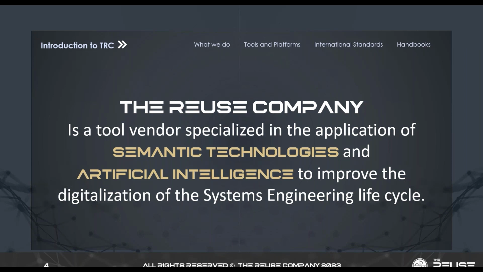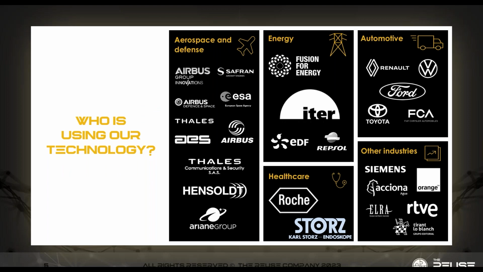We will show you the list of main references, but the common ground is that we are specialized in semantic technologies and artificial intelligence to improve the digitalization of the system engineering lifecycle. So the references, as I said, are broadly represented. In terms of specialties, we have aerospace and defense, energy, healthcare, automotive for the main ones, and we have also other industries applying our solutions.